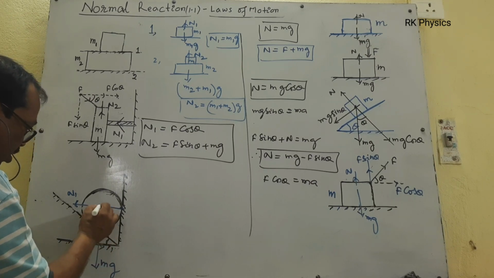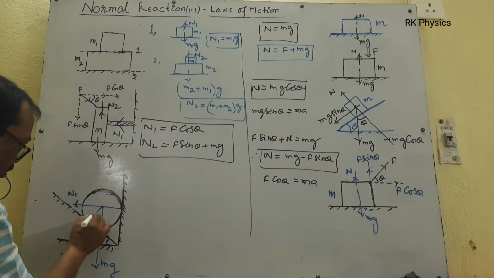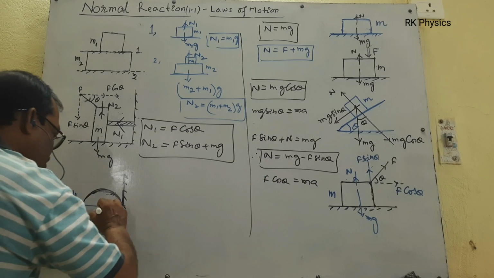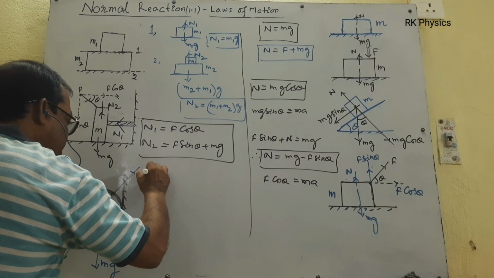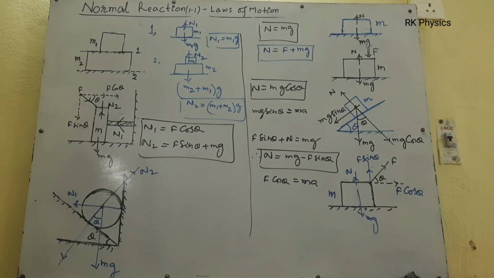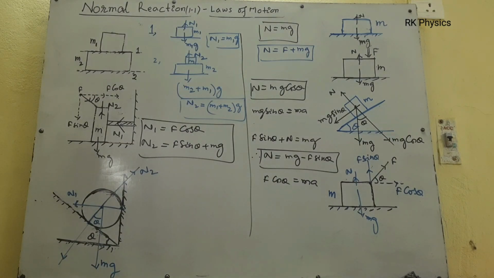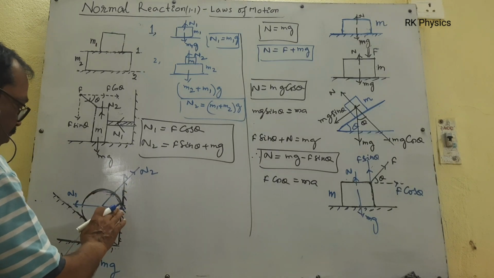If this angle is theta, geometrically this angle is also theta. This is another point that touches the surface, so this inclined surface provides normal reaction N2. Now resolve mg into components: one component is mg cos, another is mg sin. mg sin is not necessary for the time being.